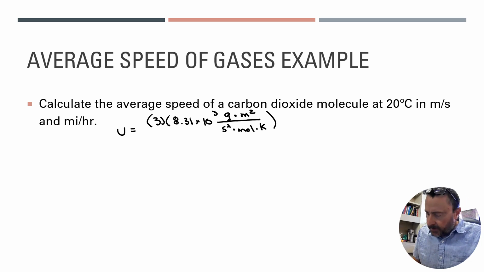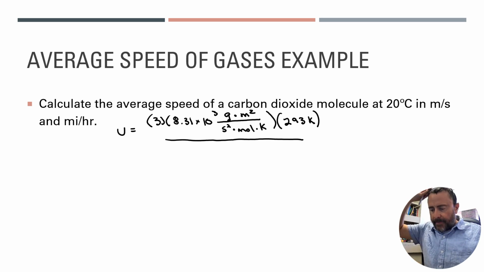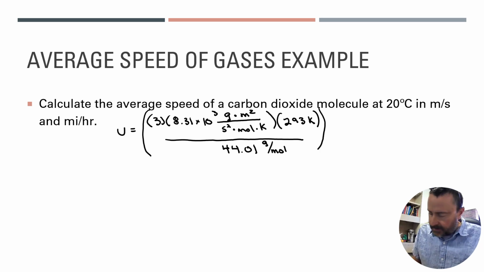And then we are going to take that times our temperature in Kelvin. So 20 degrees Celsius is 293 Kelvin. We're going to divide this by the molar mass, and this is carbon dioxide, so the molar mass of that is 44.01 grams per mole. Okay, and we're going to take this and raise it to the 1/2 power.